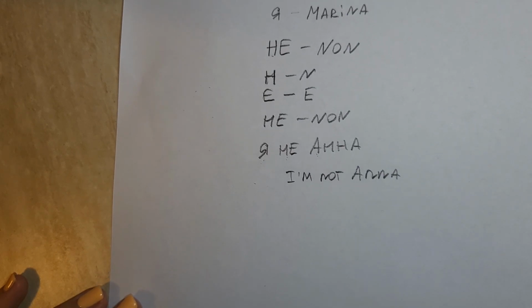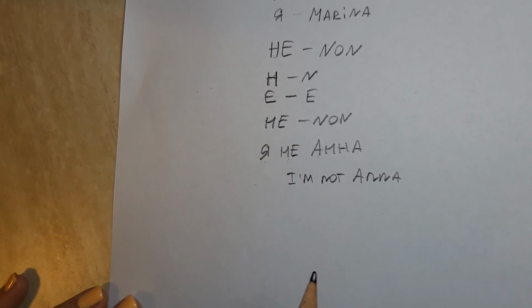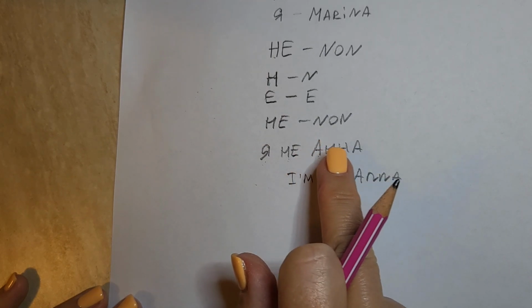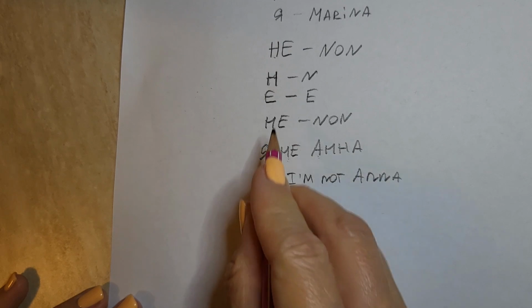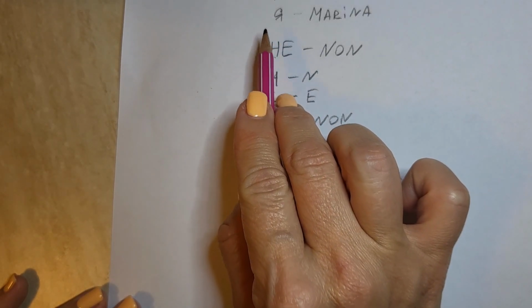And now say if you are Grace. Are you Grace? No. I'm not Grace. Я не Grace. I am Michael. Я Michael.